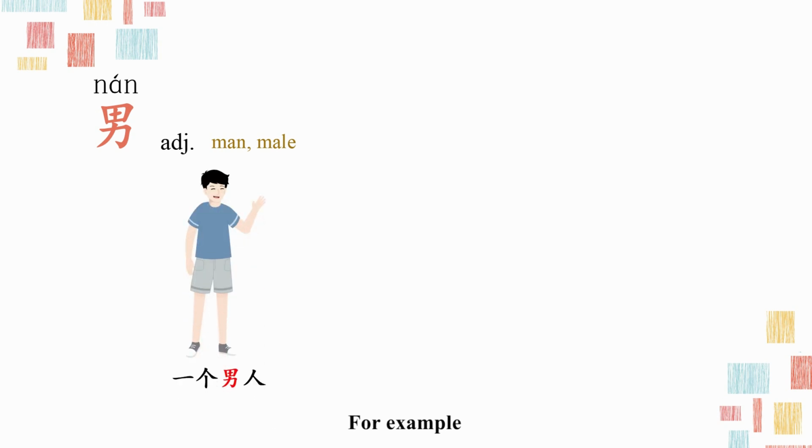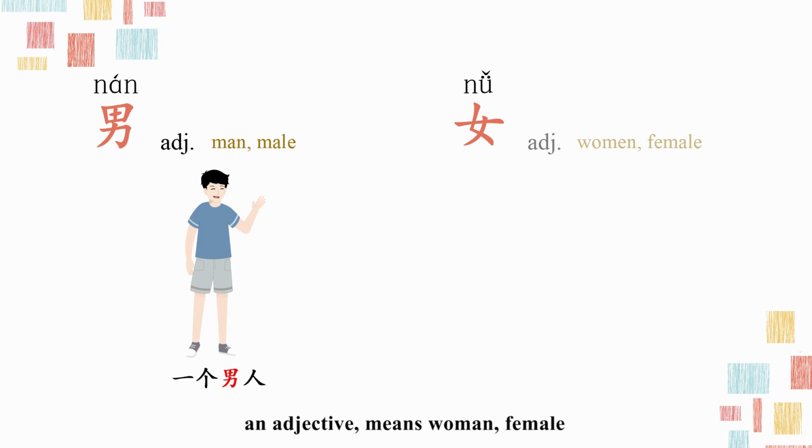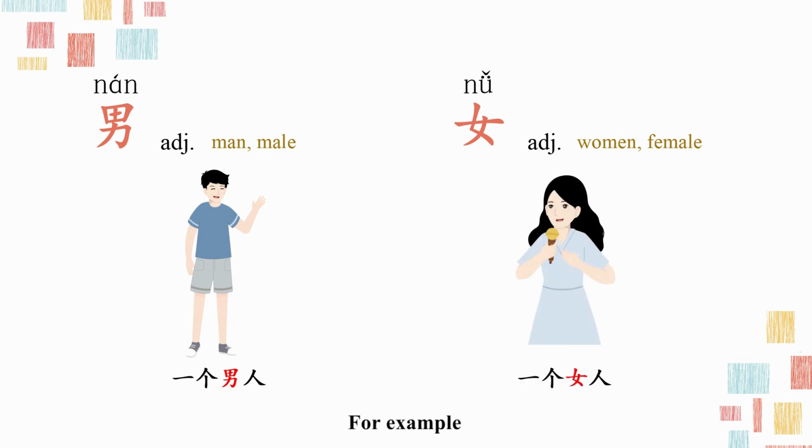For example, 一个男人。 A man. 女, an adjective, means woman, female. For example, 一个女人。 A woman.